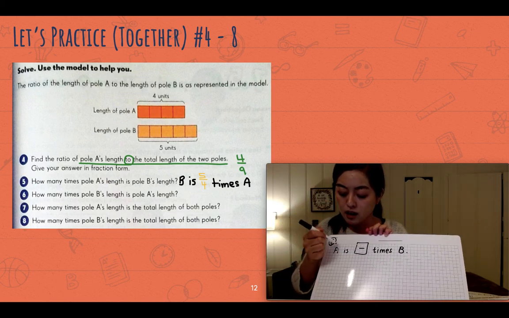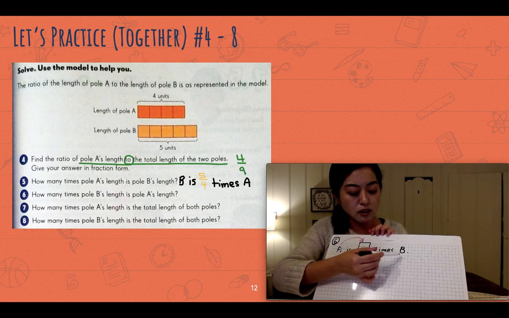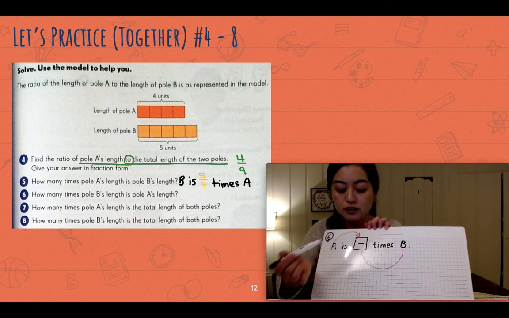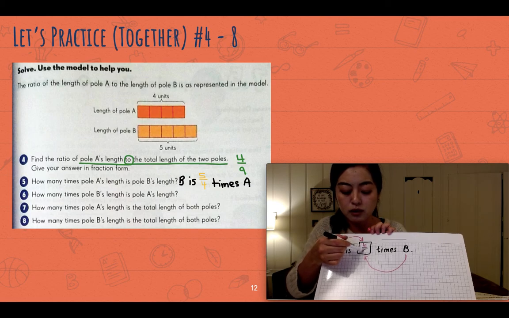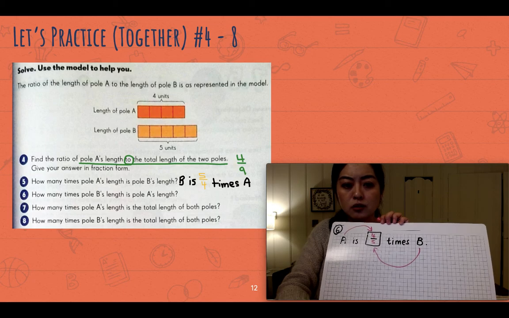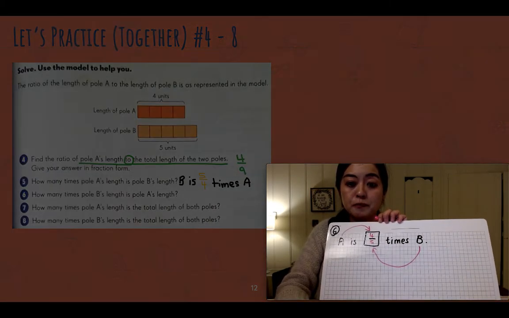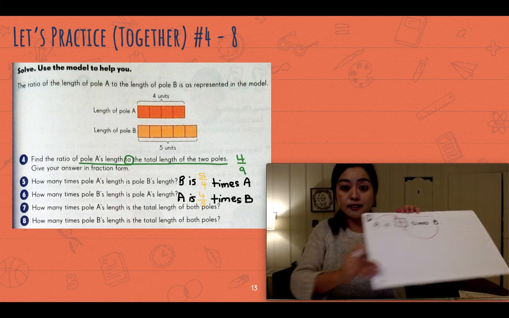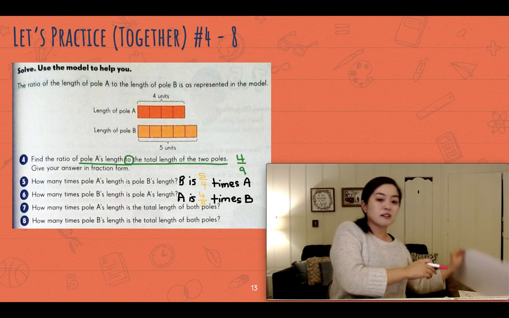So again, A, let me see, how many units is A? And we're going to write it in the numerator. How many units is B? We're going to write it in the denominator. A is 4, B is 5, okay? And so A is 4/5 times B. Ta-da, like that.